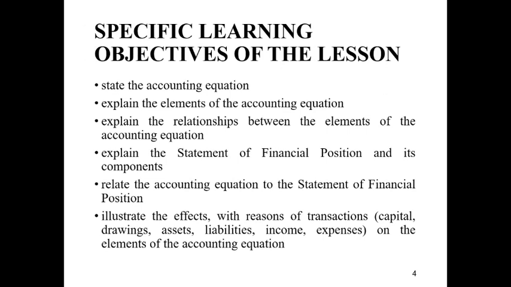Specific learning objectives of the lesson: you must be able to state the accounting equation, to explain the elements of the accounting equation, to explain the relationships between the elements of the accounting equation, to explain the elements of financial position and its components, to relate the accounting equation to the statement of financial position, and to illustrate, with reasons, the effects of transactions on the elements of the accounting equation.